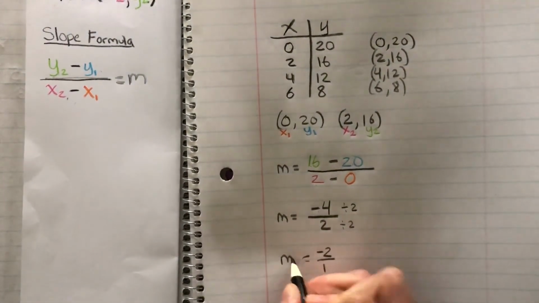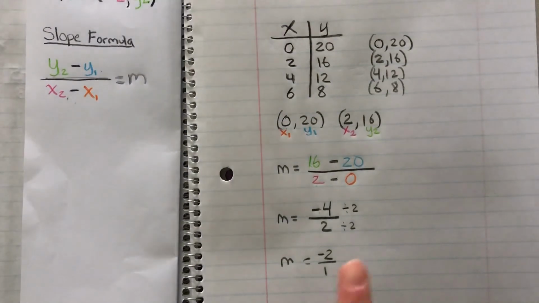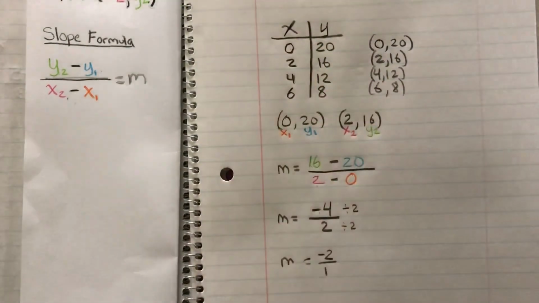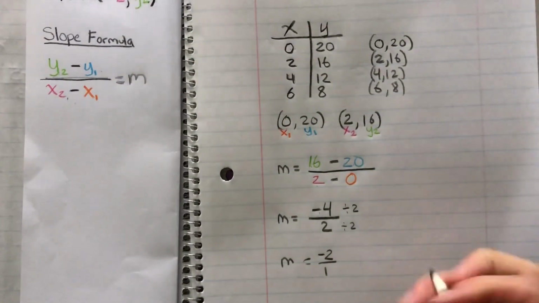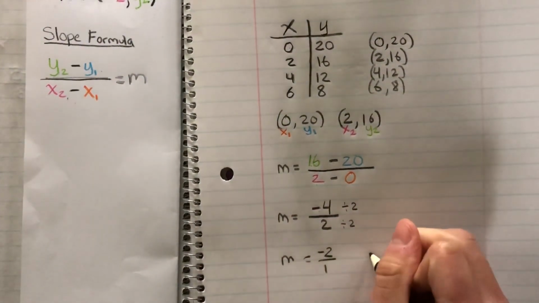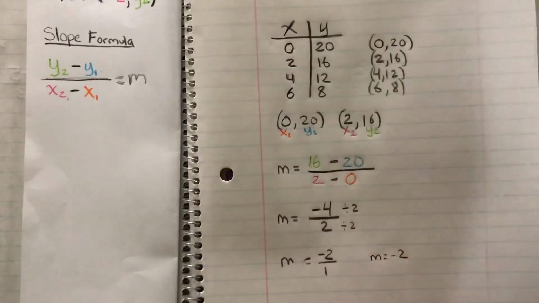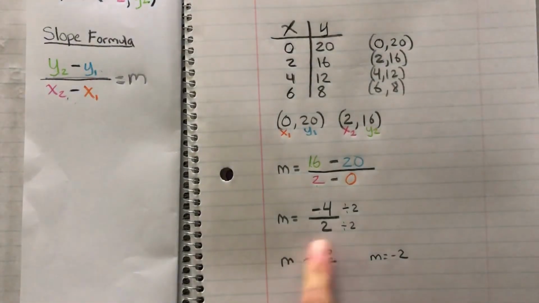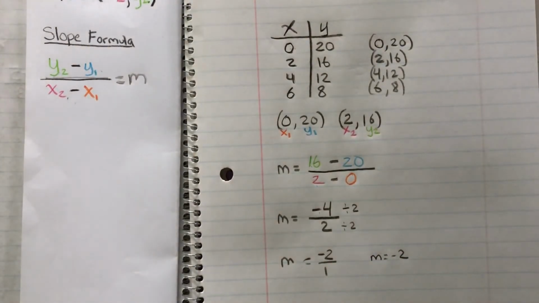So I now know that the slope of the line that uses these coordinates in this table is negative 2 over 1. You can also write that just as m is equal to negative 2. I'm totally fine with you leaving it as a ratio, even though negative 2 can be written as an integer. We're going to leave it as negative 2 over 1 or as negative 2.